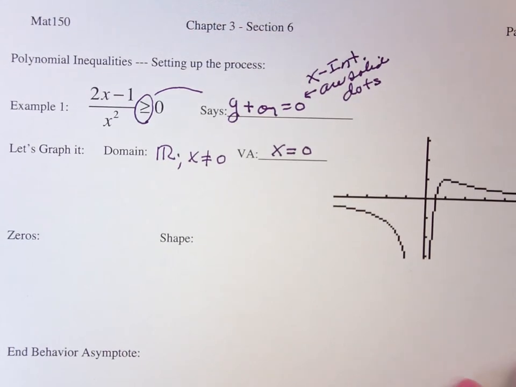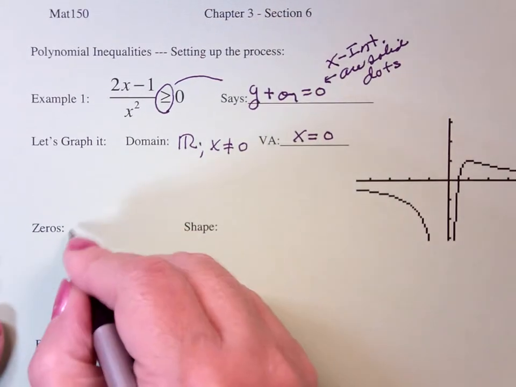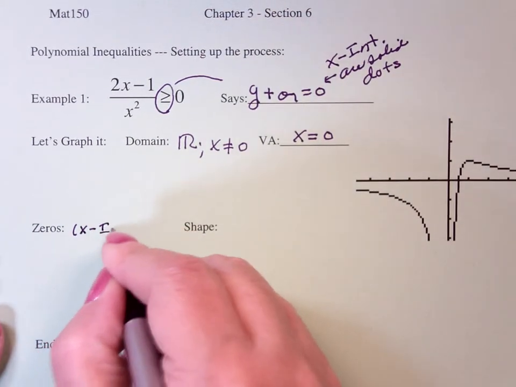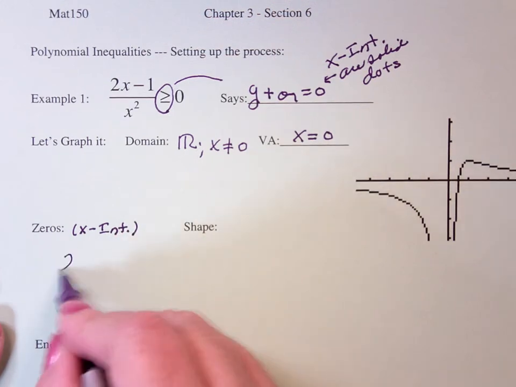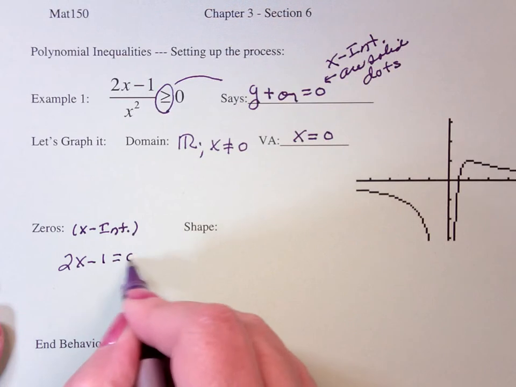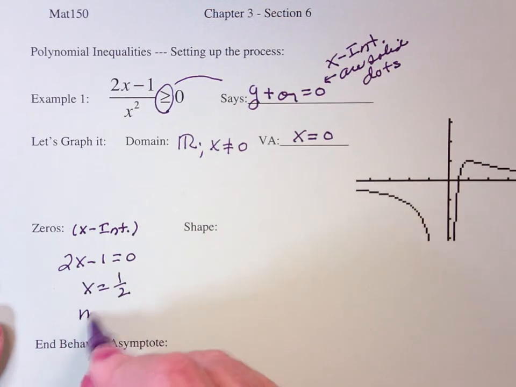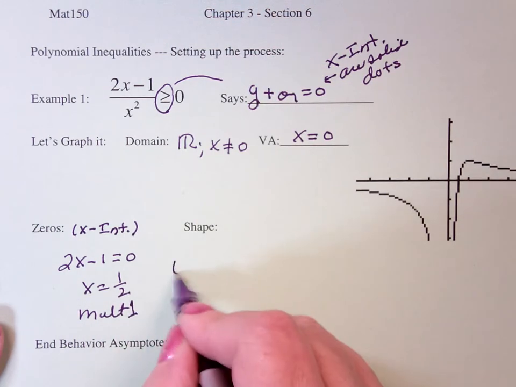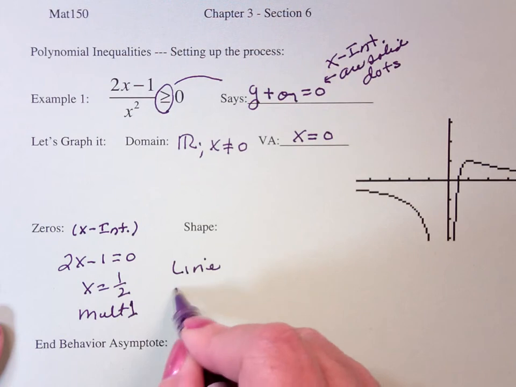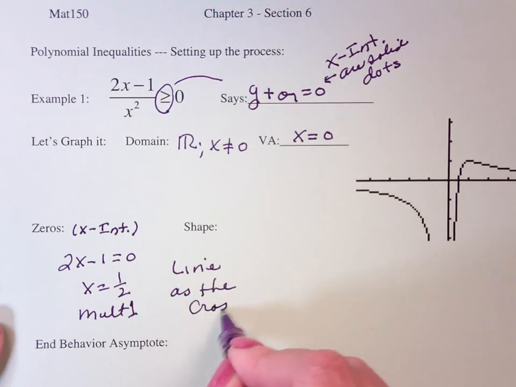If I look at the zeros, remember the zeros really are the x-intercepts. I have that 2x minus 1 equals 0, or x equals 1/2. This is multiplicity 1. The shape that I'm looking at, this is a line as the graph crosses.